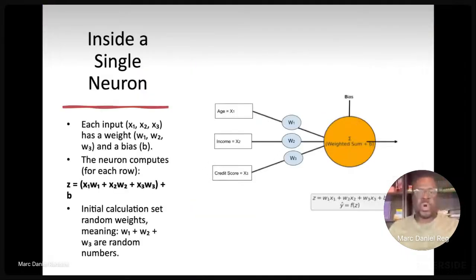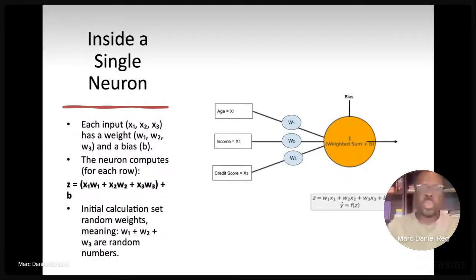Inside the neuron, each neuron, as stated before, has in our case 3 inputs: X1, X2, X3, which are age, income, and credit score. The neuron has a weight attached to every input: W1, W2, W3.